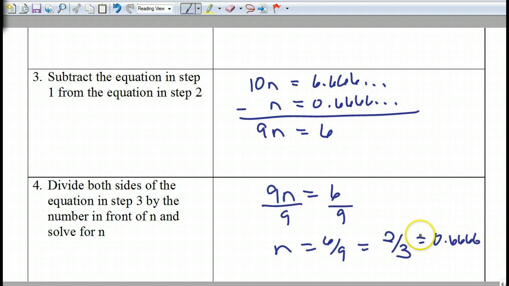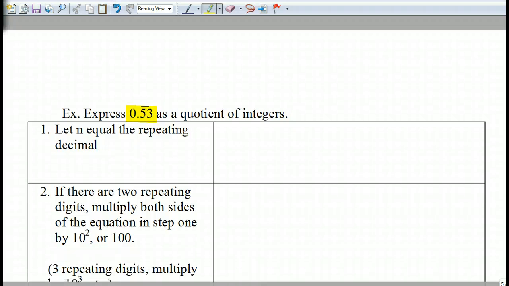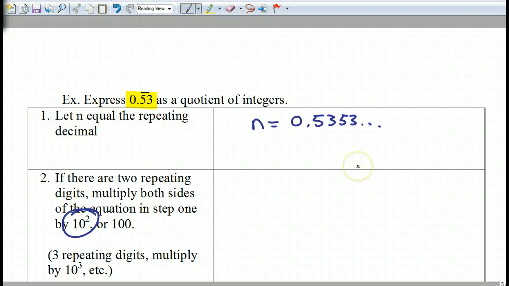Okay, so now we're going to do the same thing with a repeating decimal of 0.53. This has 2 digits in it. So I'm going to express this as n equals 0.5353 repeating. And then because there are 2 digits in this, we are going to multiply by 10 to the second, or 100.